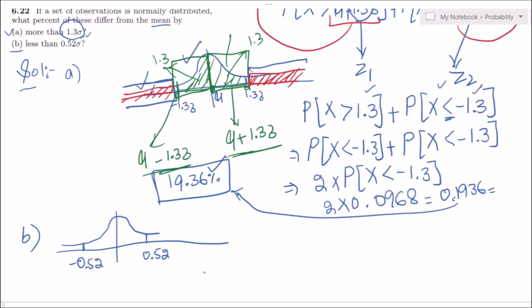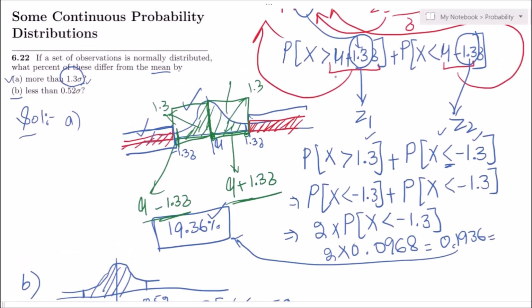These are the two values, and in finding it out, this is basically the area, because now here the probability that x is less than 0.52 sigma.